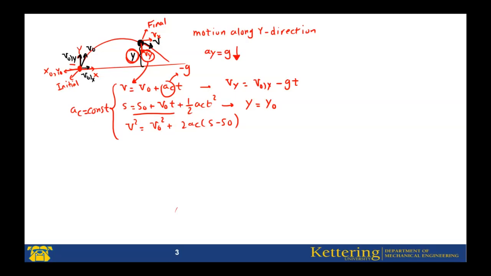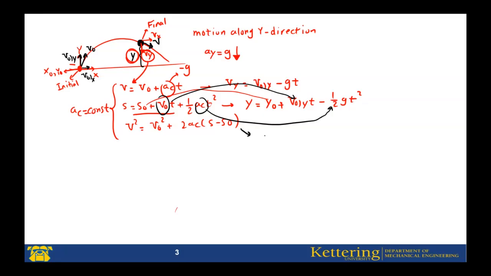Usually x0 and y0 are 0, sometimes not, as you will see in the next example. So y equals y0 plus v0y t minus 1/2 g t squared. This will be minus g.